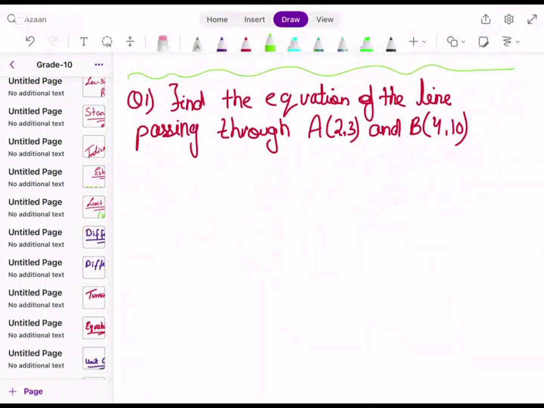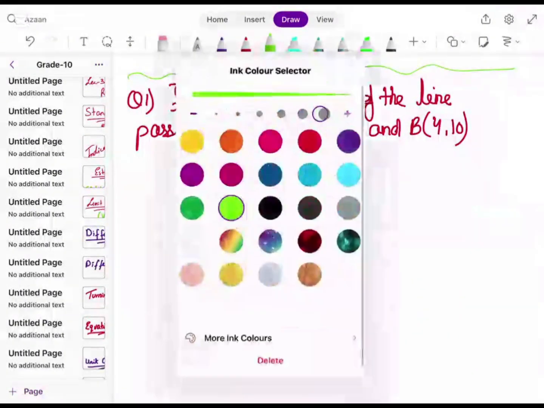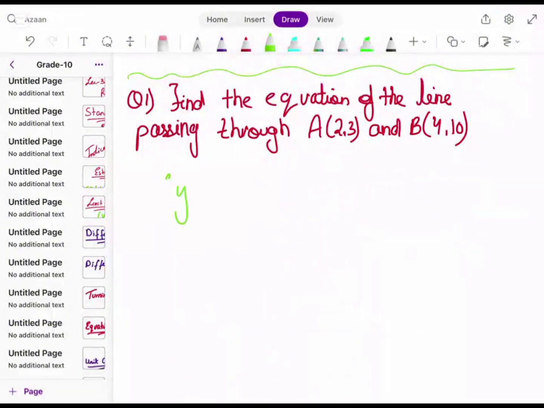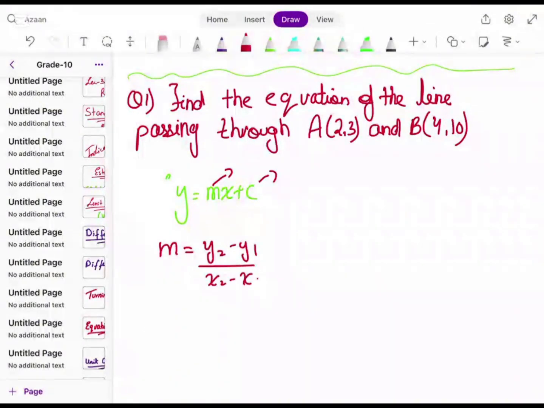Now, how can we find it? We know that the equation is y is equal to mx plus c. So in this, we need to find the slope, or gradient, and the y-intercept. First, we find the gradient. The formula, which we did in the previous class, is y2 minus y1 over x2 minus x1.